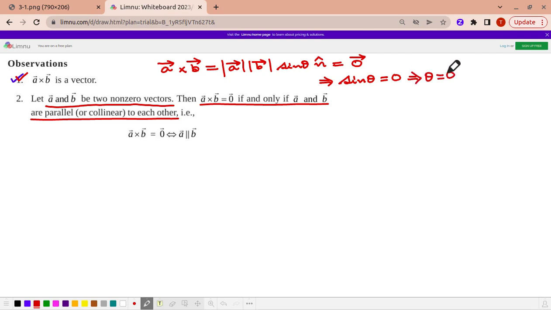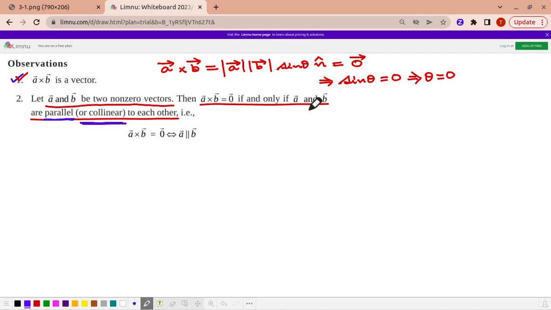There are many values of theta for which sin theta equal to 0, in fact it is n pi, but I am not going into that discussion. So, let us take theta equal to 0. Theta equal to 0 means the angle between these two vectors is 0, and that is possible when they are parallel. So, that is why this statement mentions that two vectors are parallel or collinear. When two vectors are collinear, then also they are parallel.